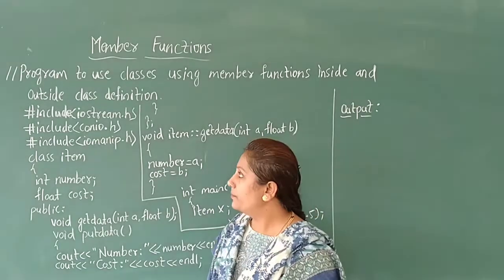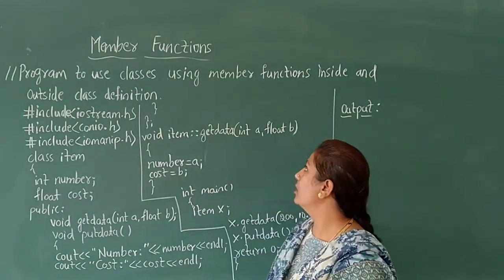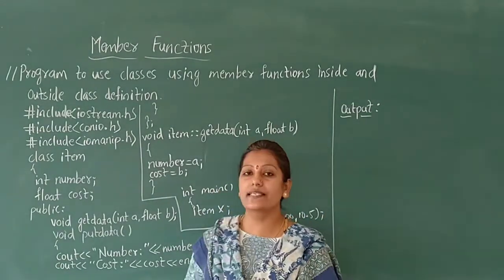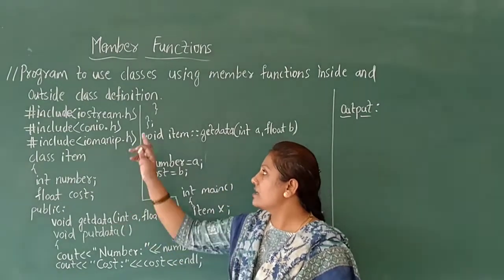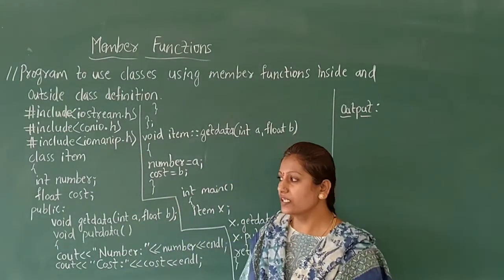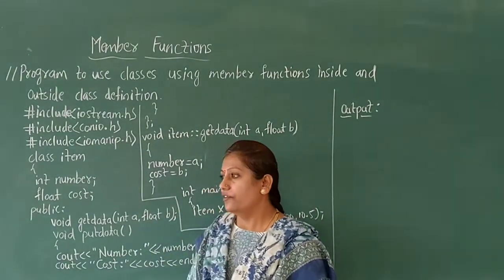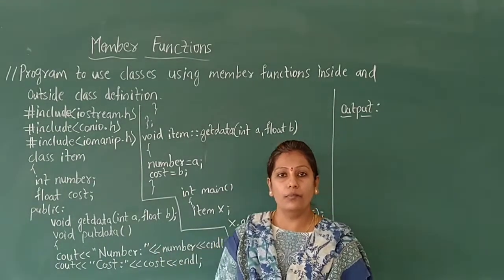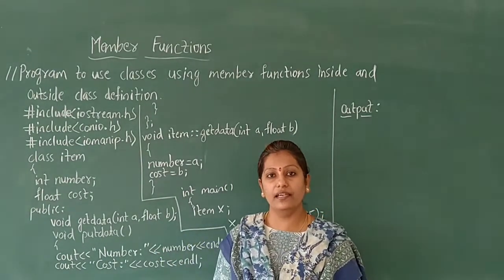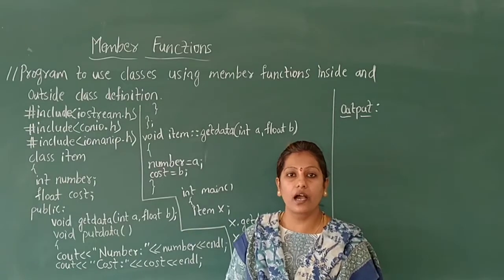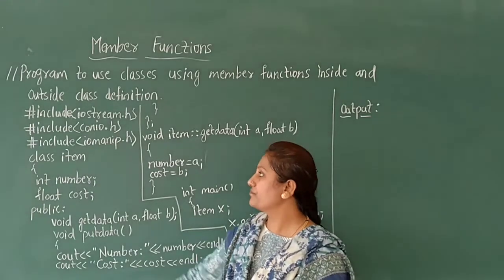Next, a program to use classes with member functions inside and outside the class definition. In this program, we are showing how member functions are defined inside the class and outside the class.